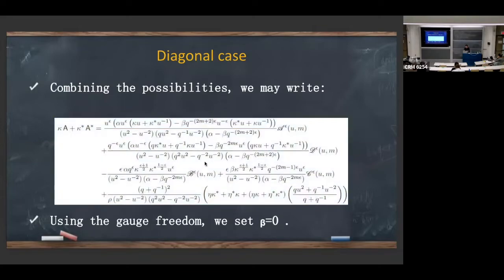But we do have some freedom. For example, here we can set this B equal to 0, and we are left only with A, D, and B. It's not yet the standard Bethe ansatz because of the B, but it's a bit more simplified situation.